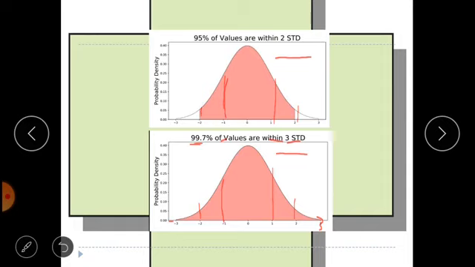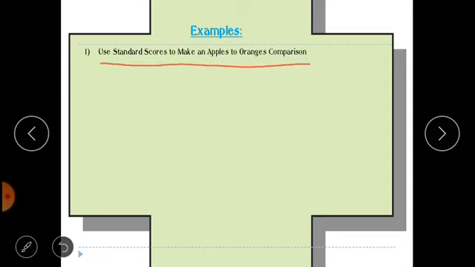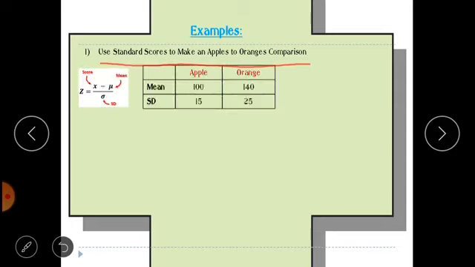Okay, so next. Okay, examples. So, ito na yung example natin. So, meron tayong given, use standard scores to make an apples to oranges comparison. So, meron tayong table dito.